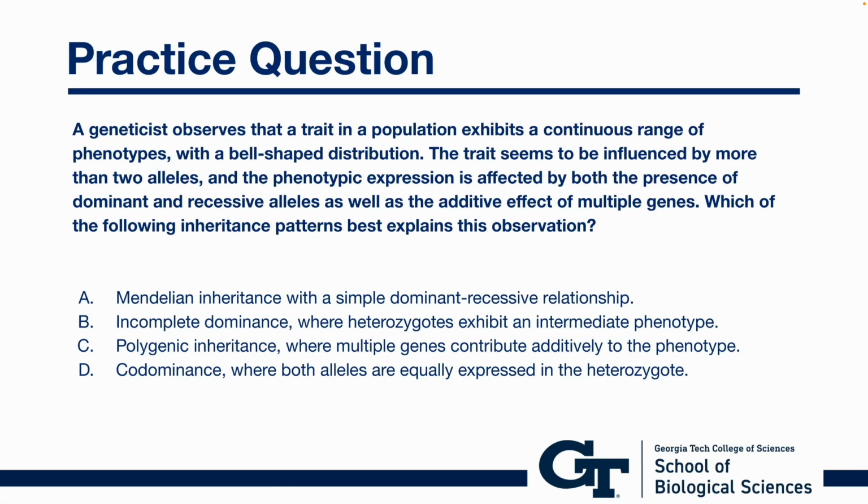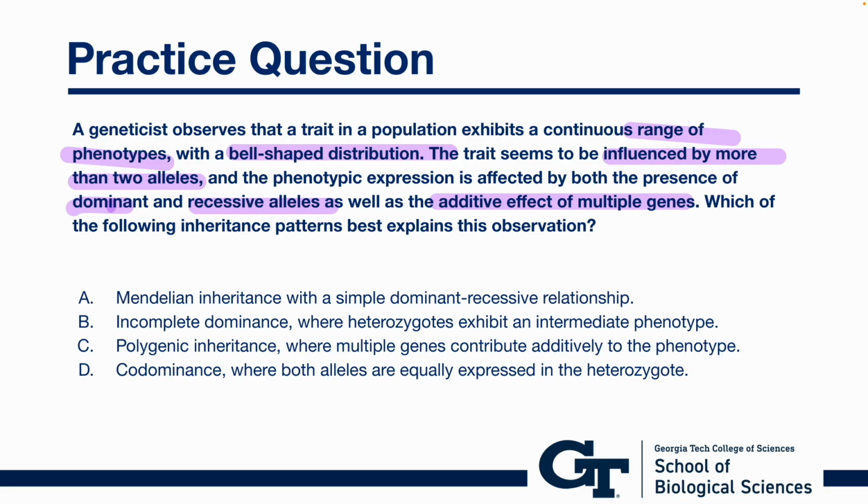We see here a practice question based on this, and you can use the chart to answer this, but I don't know, now might be a good time to practice this active recall skill, right? So we have a range of phenotypes. Well, that's already ringing a bell in my mind. It even says bell-shaped distribution right there, right? Influenced by more than 2 alleles, and the phenotypic expression is affected by dominant and recessive alleles, and there's an additive effect.